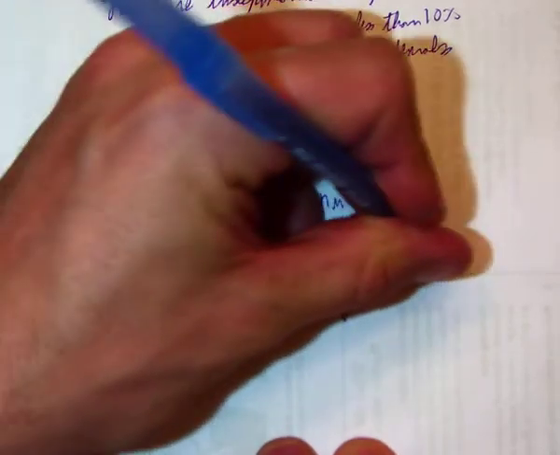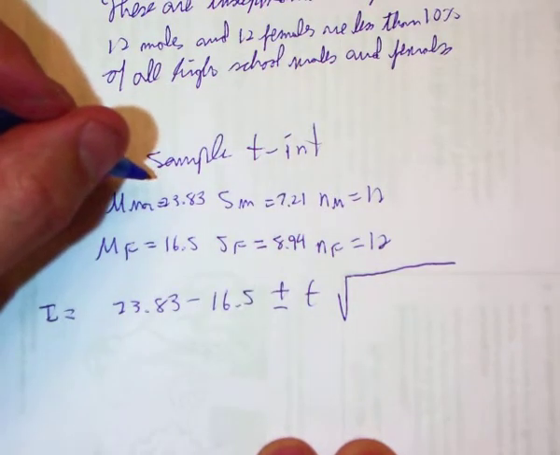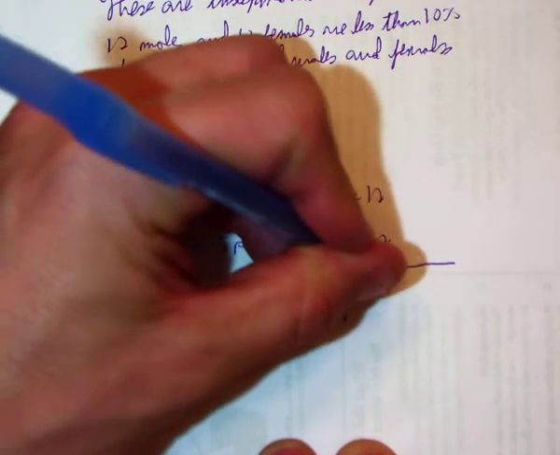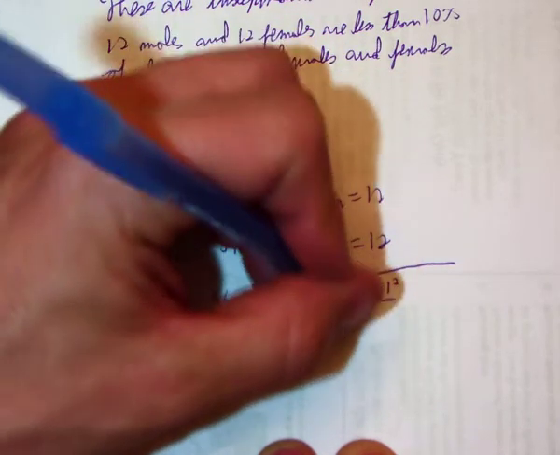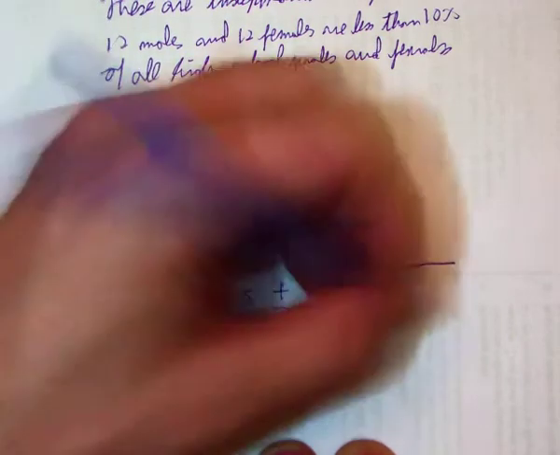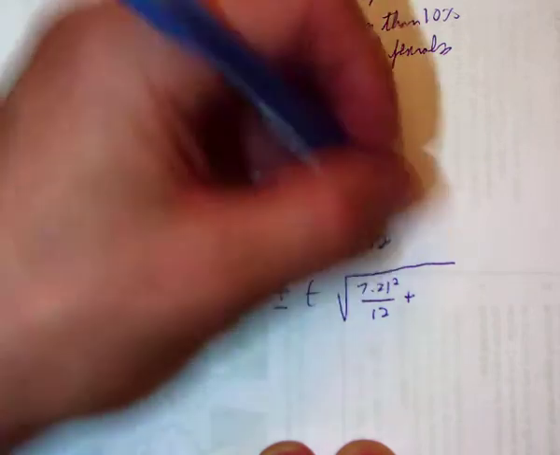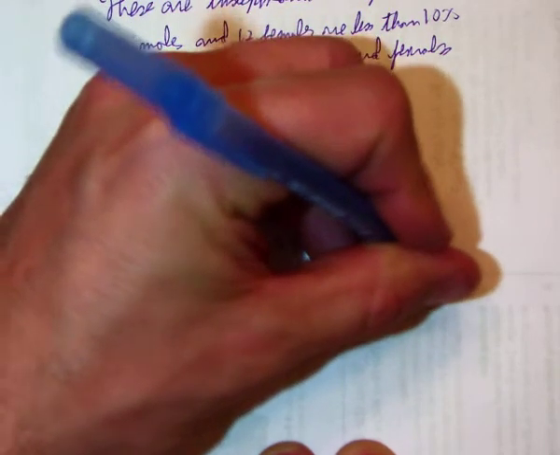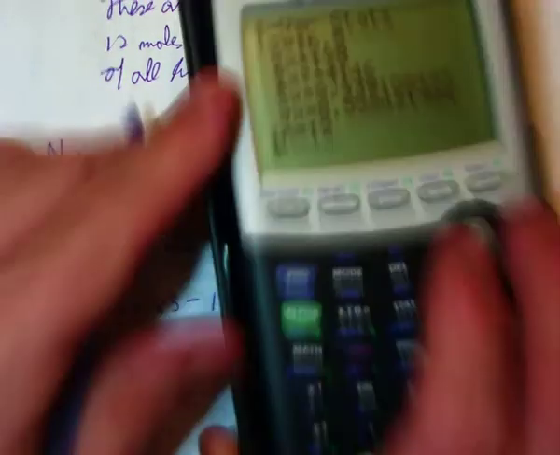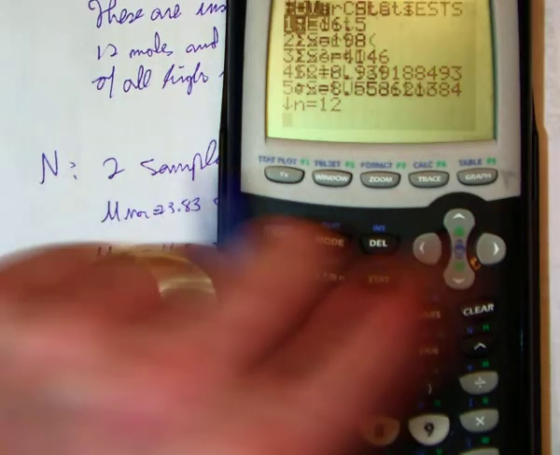So we got to do 7.21 squared over 12, because we took s over the square root of n and squared it, plus 8.94 squared over 12. So now we got to figure out how many degrees of freedom that is, and we'll get that in a minute. So I'm going to run that test.